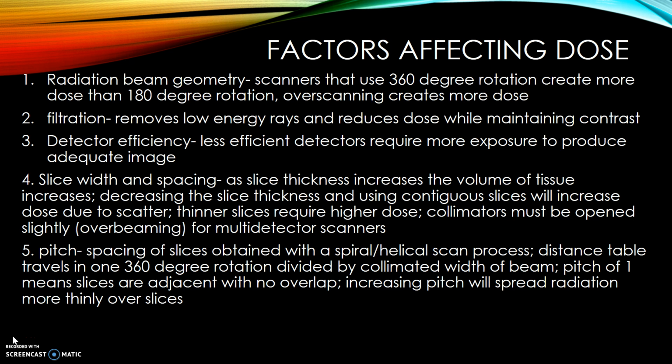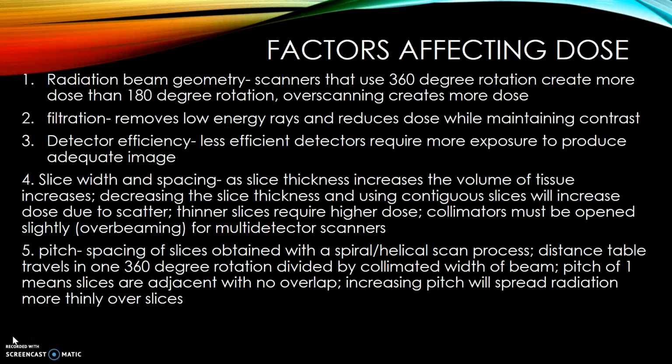Some of the factors that affect dose: the radiation beam geometry. Scanners that use 360-degree rotation create more dose than a 180-degree rotation because it causes overscanning. Filtration removes low-energy rays and reduces dose while maintaining contrast. And detector efficiency.